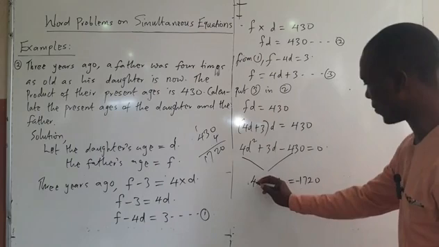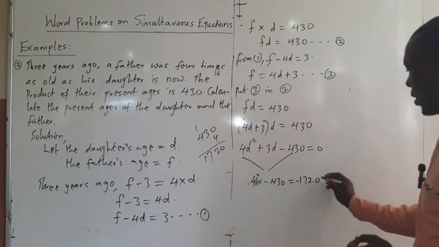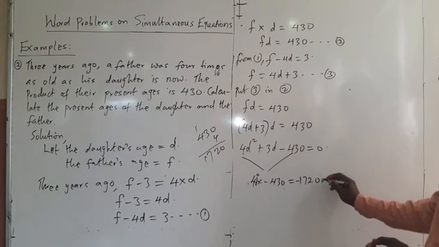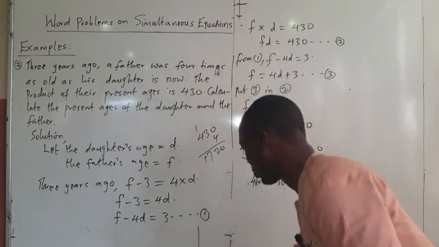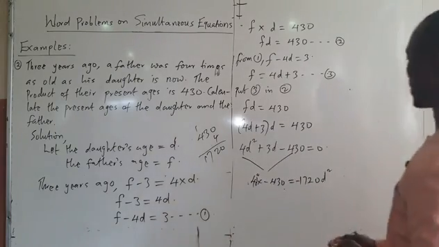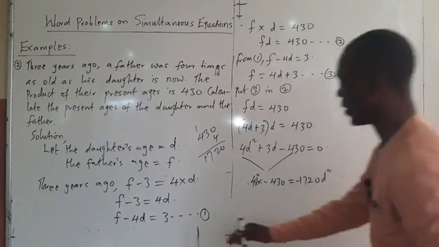So we're supposed to have d squared, that's 1720 d squared. So we now group, we look for two factors of 1720 that add up to 3.